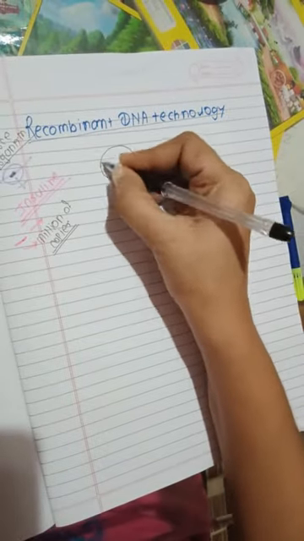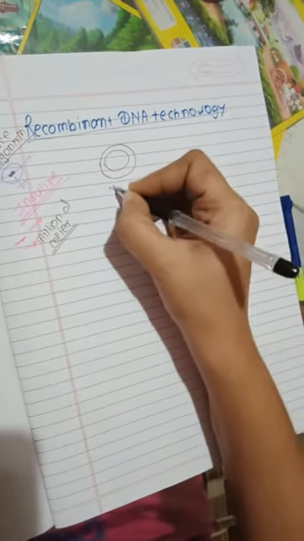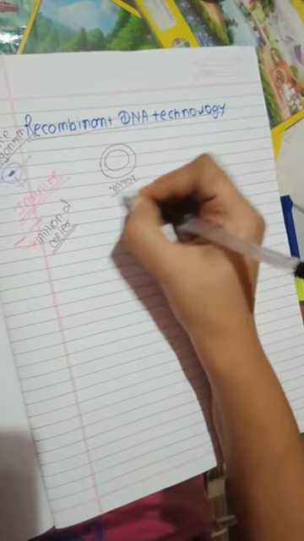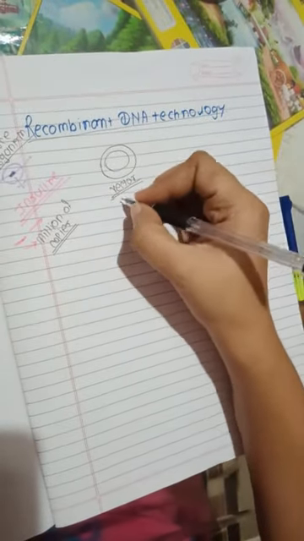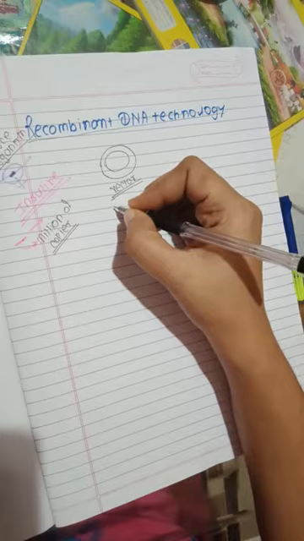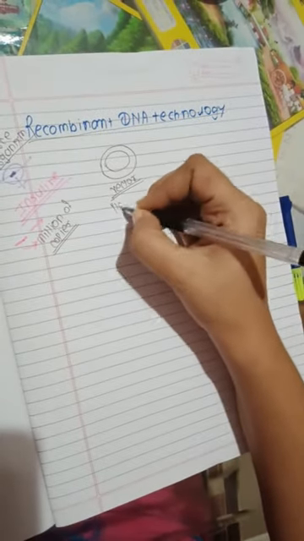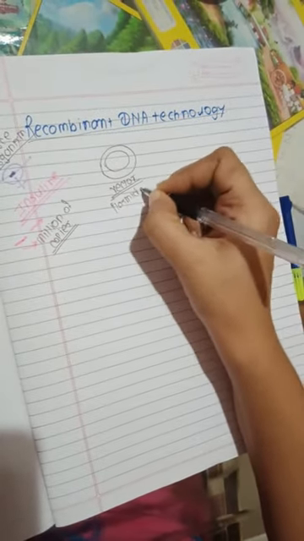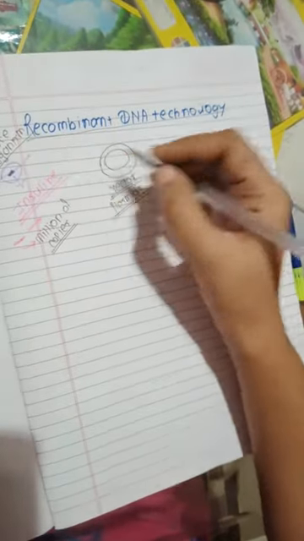Then the second step is the vector. Now what is a vector? For simple terms, I will give you one example: in bacteria, plasmids are formed. These vectors are the machines that are going to multiply your gene.